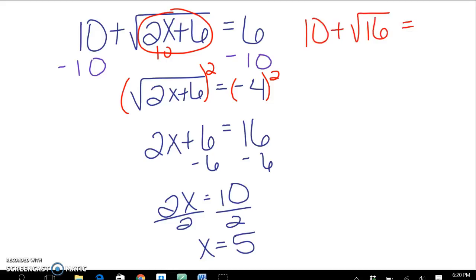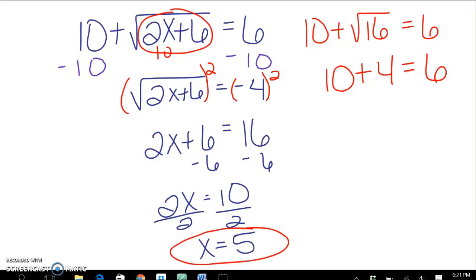When I do the square root of 16, I get 4, which does not equal 6. So you might be saying, well, 10 plus negative 4 equals 6. But when we plugged in 5, we're assuming that's our solution and that it will work no matter what. So this is actually a no solution.